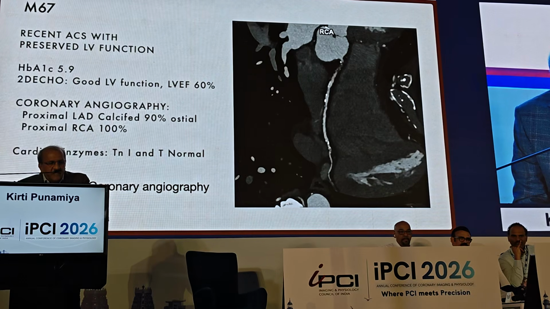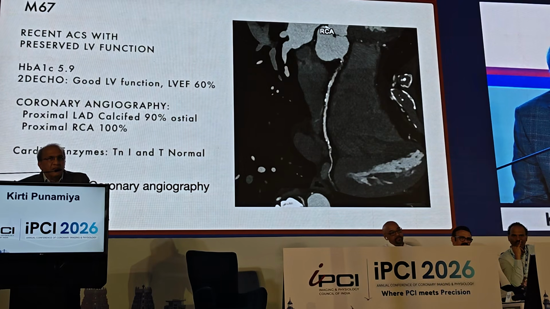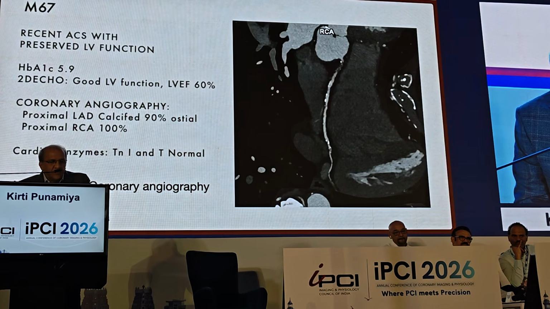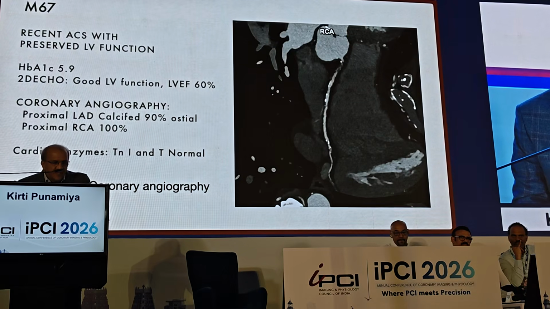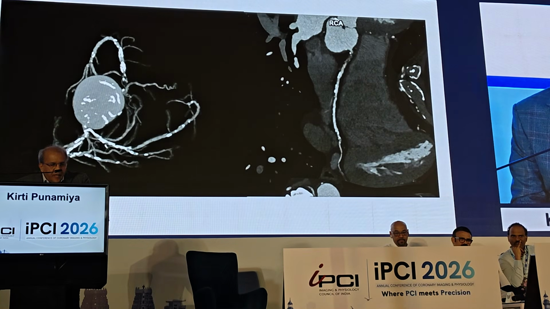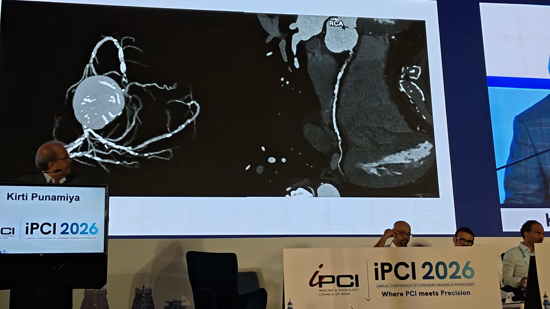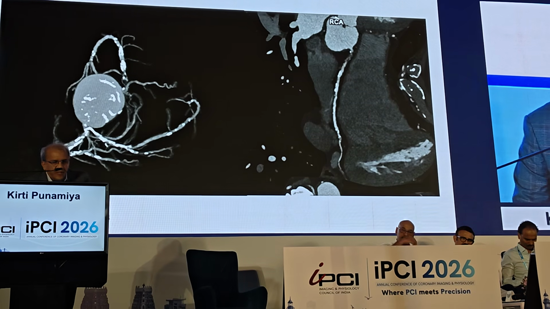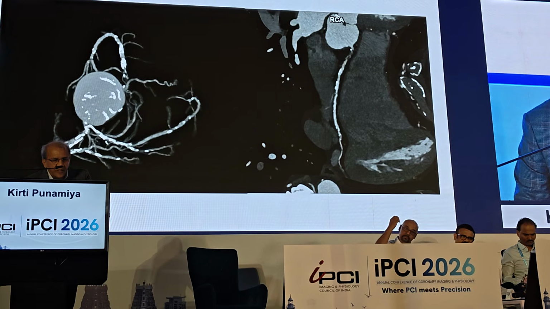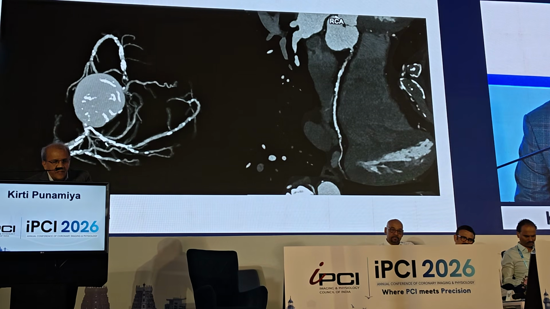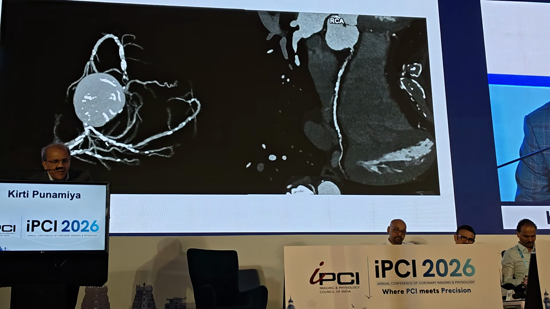He also had a calcified LAD 90% with a left main stenosis, which was very, very critical. You can see both those lesions in these VRTs, but here that VRT is basically to concentrate on the RCA, and you can see this RCA is a fairly short segment.